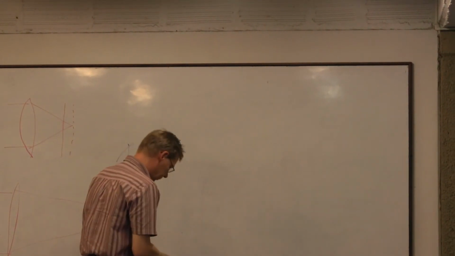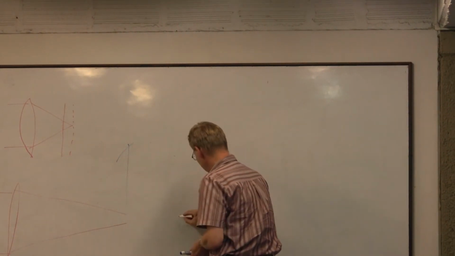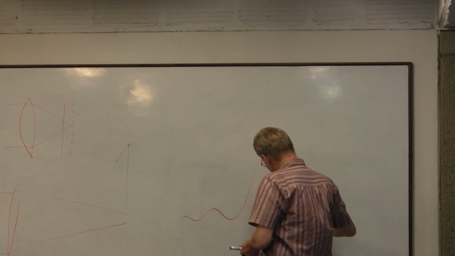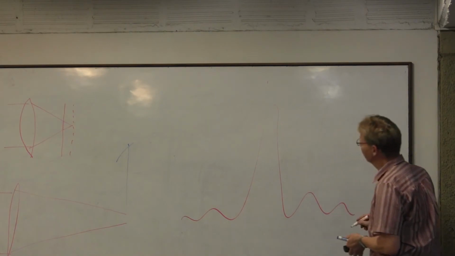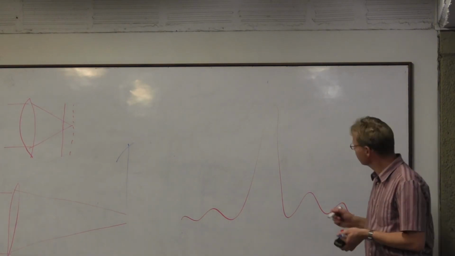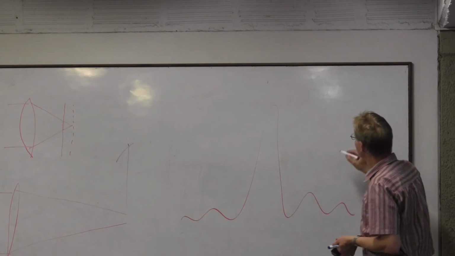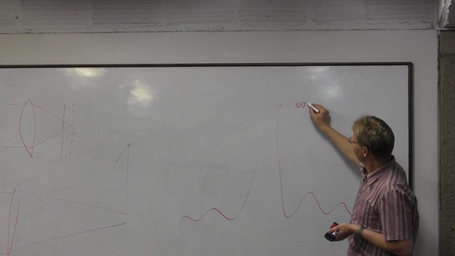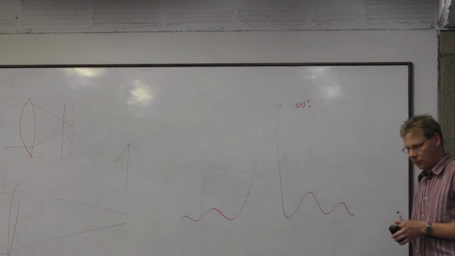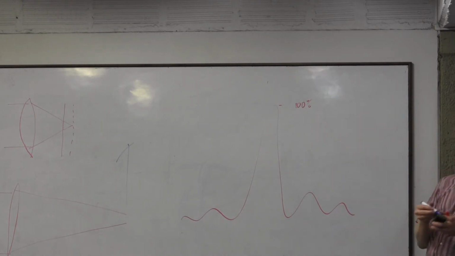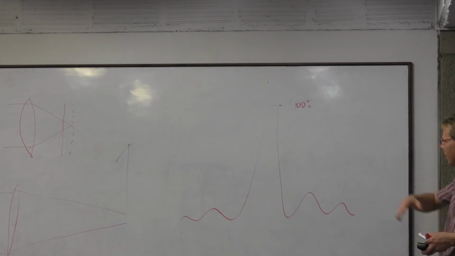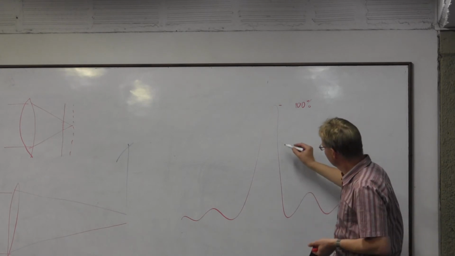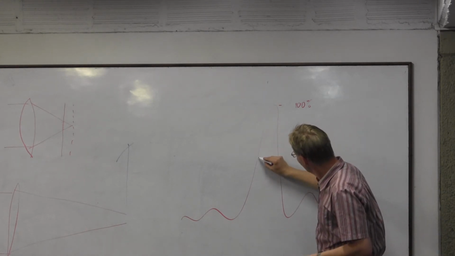Okay, let's say this would be our ideal, our Airy PSF, our Airy function. So this defines the maximum, and this would be the 100% Strehl. If we have an adaptive optics system that's not perfect, or we have some aberrations, like we had in the Hubble Space Telescope, unfortunately we will not have all the light in there.